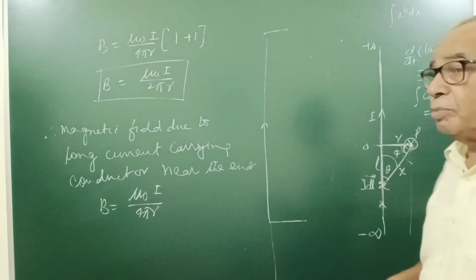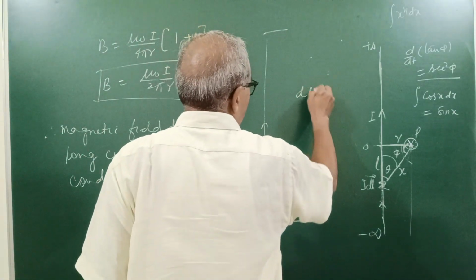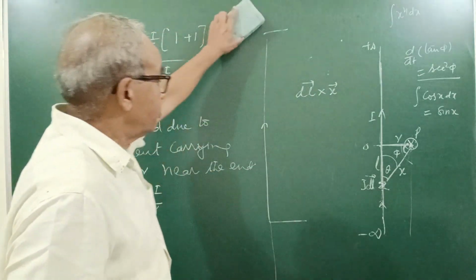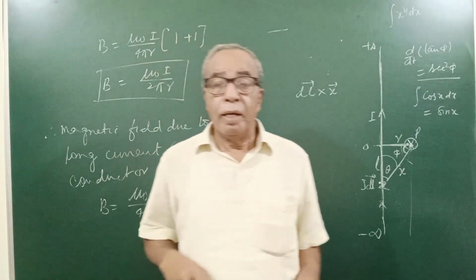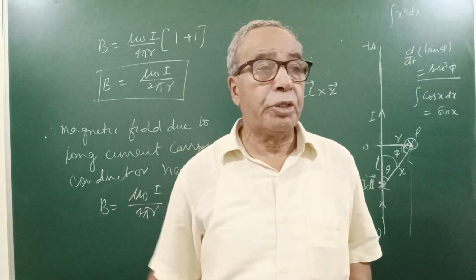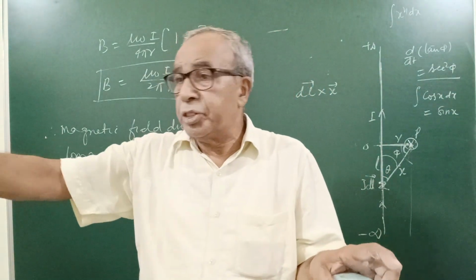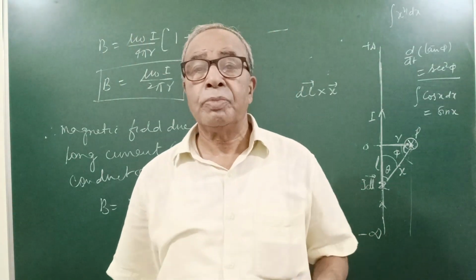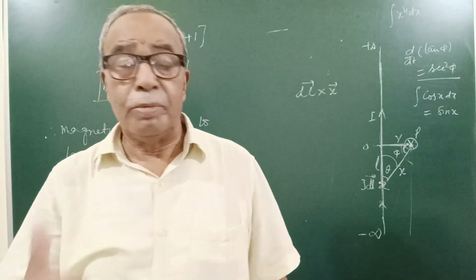And the direction is most important. Here I told you we can use the vector product rule, dl cross r या dl cross x जो भी होगा according to that. If we have a horizontal long conductor carrying current from east to west, then the magnetic field in the north. So dl is this, x this or r this. So dl cross r is screw downward. Please don't depend on the right hand thumb rule.